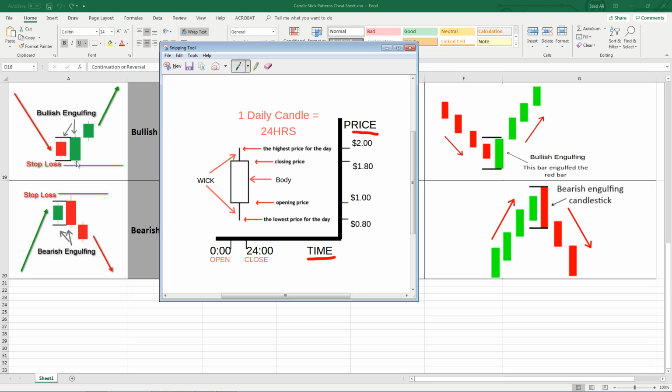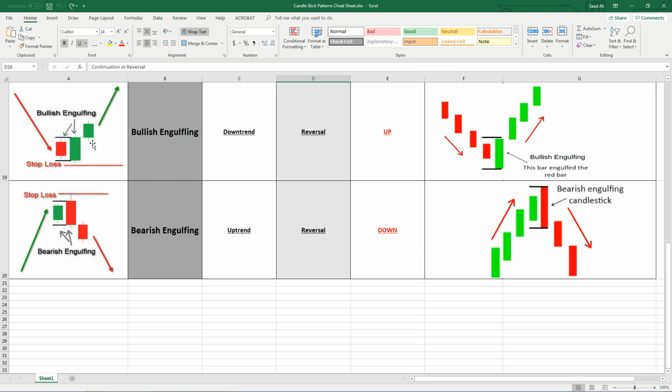That's telling you that so many buyers came in that it completely took out the sellers. The amount of sellers is way smaller than the amount of buyers in the market now, because this bullish engulfing candle is engulfing this. And what happened? Price went up. So again, bullish engulfing happens in a downtrend, so price coming down. It's a reversal pattern. The next move is up.